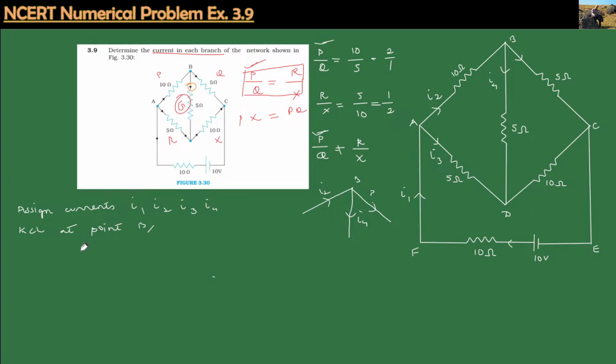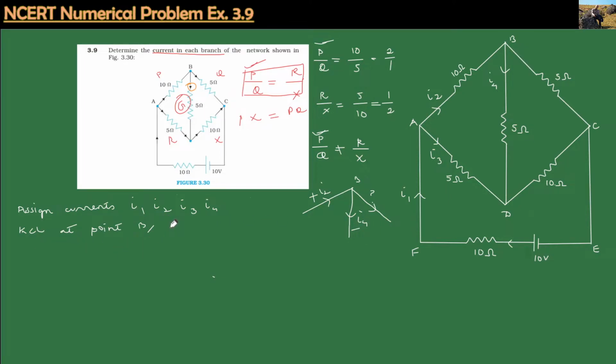According to Kirchhoff's current law, the current which flows across the branch BC will be: I2 will be taken as positive, and I4 will be taken as negative.